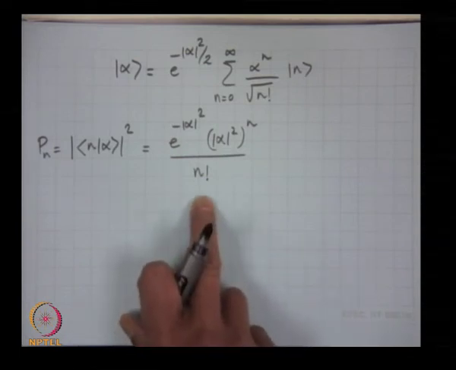What is this distribution? It's a Poisson distribution.